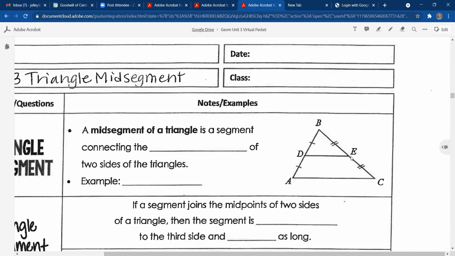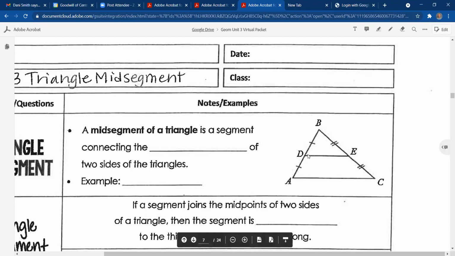How would I know that that's the case just from looking at the drawing? Anybody see anything on there that tips you off that you're looking at the midpoints of those two sides? The dash marks? Yeah, exactly.